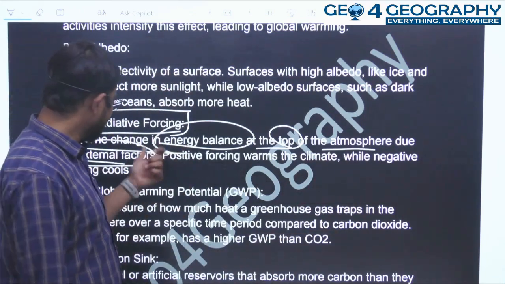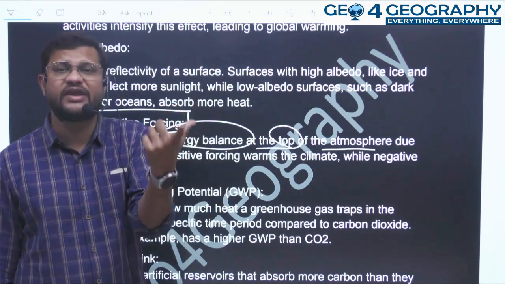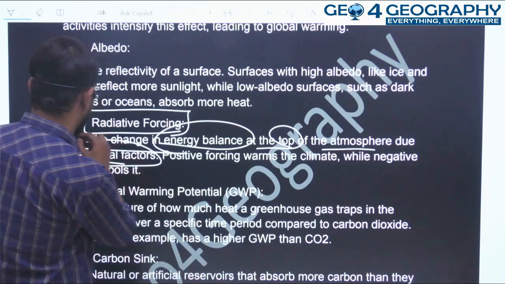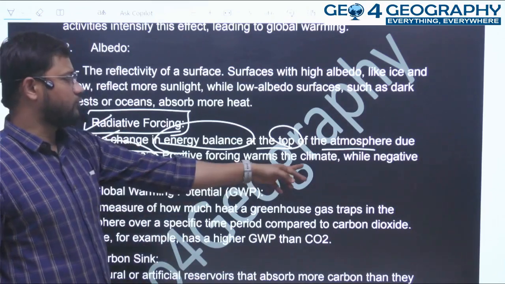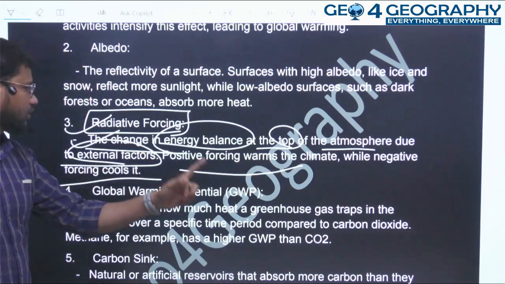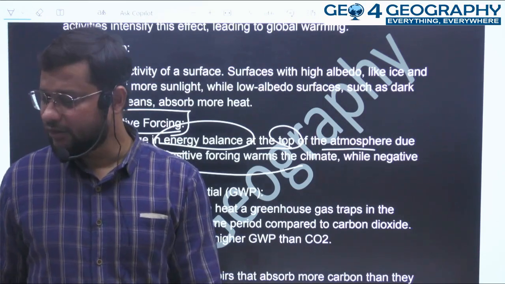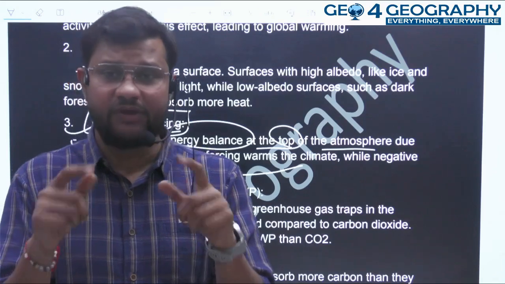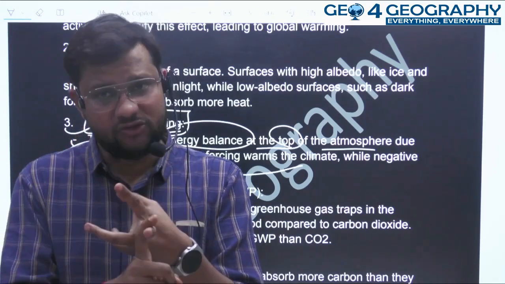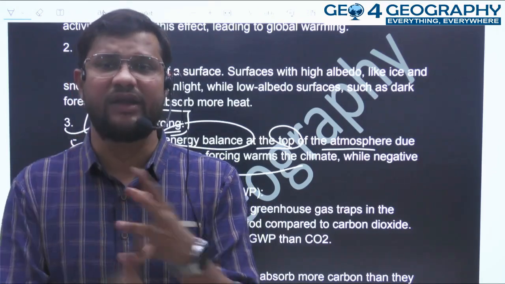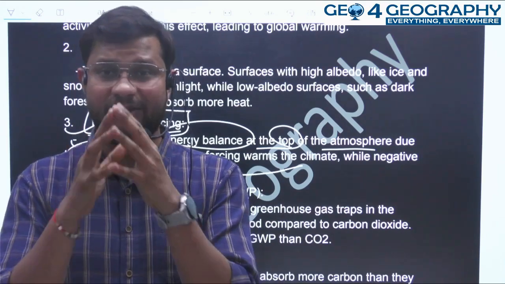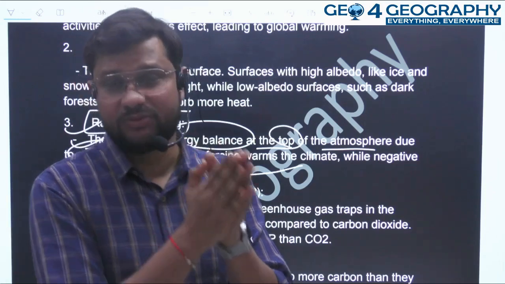So this is the scale on which this particular forcing is measured. Positive forcing warms the climate while negative forcing cools it. So this radiative forcing, climate forcing, natural forcing, anthropogenic forcing, positive forcing and negative forcing. I hope you guys are pretty much clear with these basic terminologies, है ना.